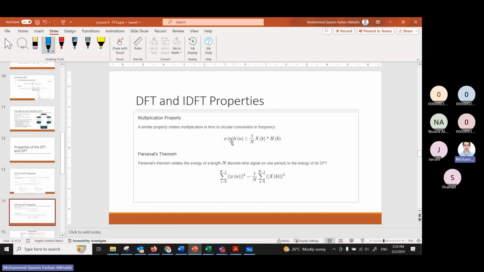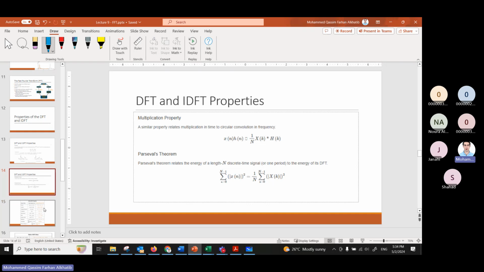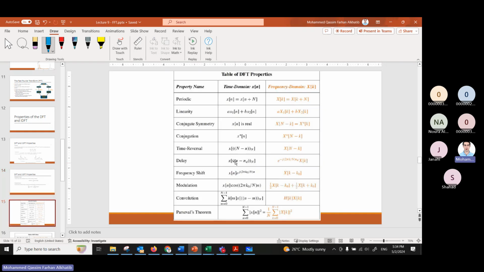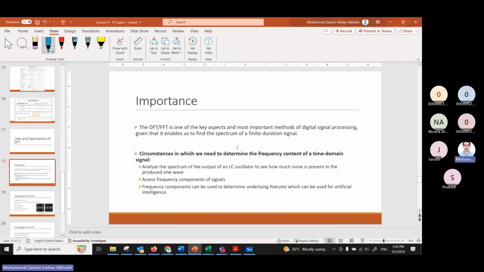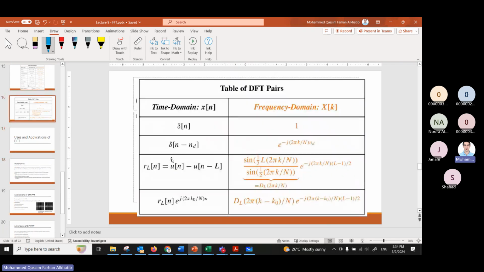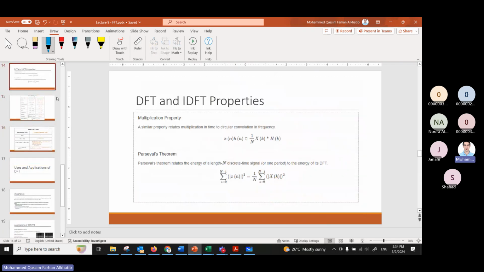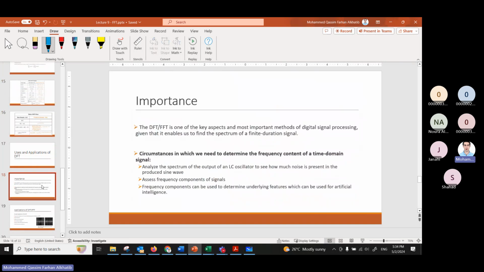A similar thing applies here: multiplication in time domain is convolution in frequency domain, and the opposite. Then Parseval's theorem: the energy in the time domain equals the same energy in the frequency domain. So that's properties. Pairs, we don't do much of them here. Just solve the first two examples, understand them, and everything should be clear.